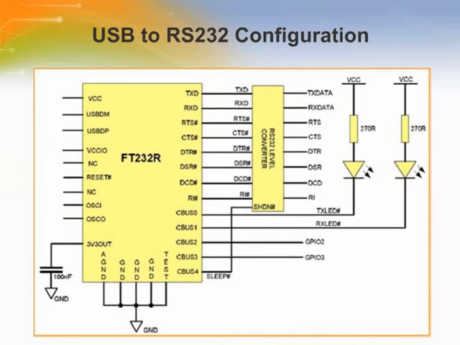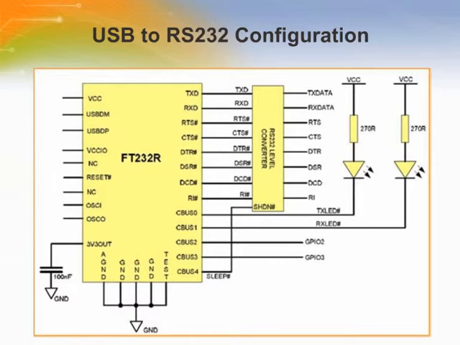When the FT232R is used as a USB to RS232 converter, a TTL to RS232 level converter IC is used on the serial universal asynchronous receiver transmitter interface of the FT232R to convert the TTL levels of the FT232R to RS232 levels.